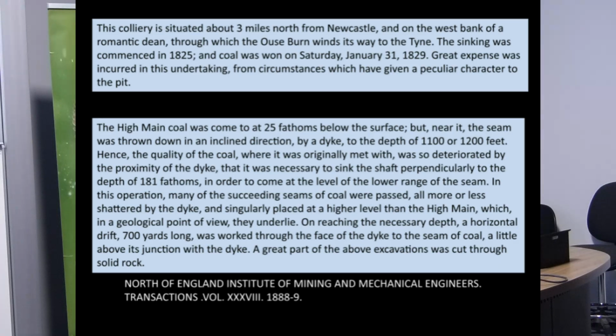And then when it reached the dike, which is a miner's and quarryman's term, or was, for any vertical structure. Now we use dike to refer to an igneous intrusion. They used to use it for a fault. So when we say the 90 fathom dike, it's actually a 90 fathom fault, not an igneous dike. As they approached the fault, the quality of the coal deteriorated.